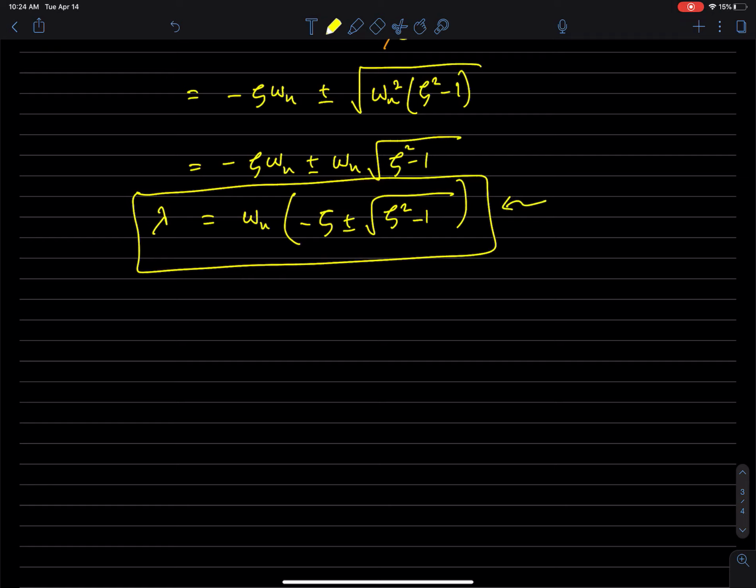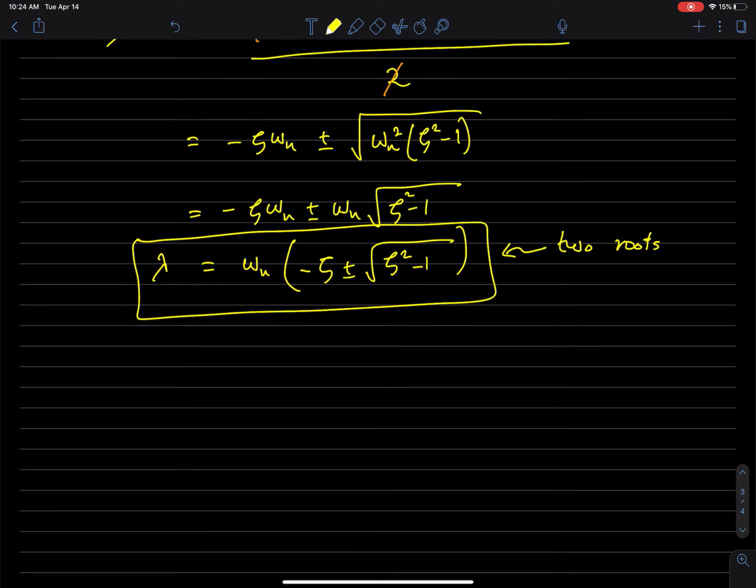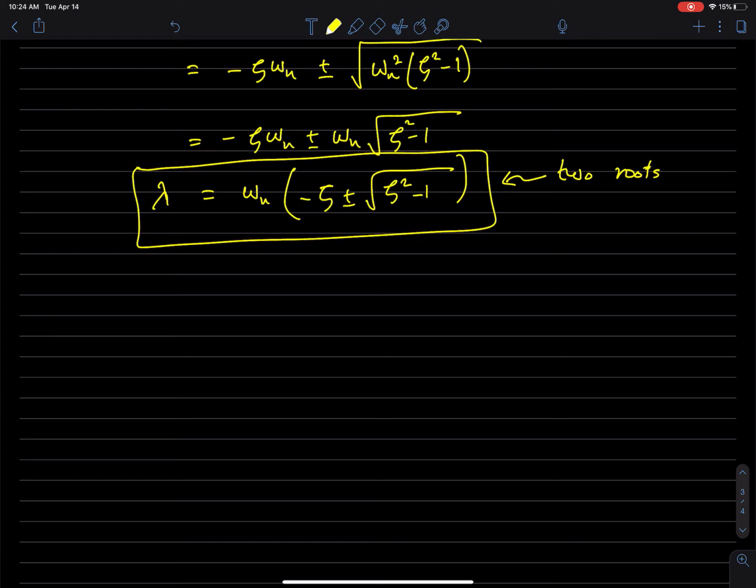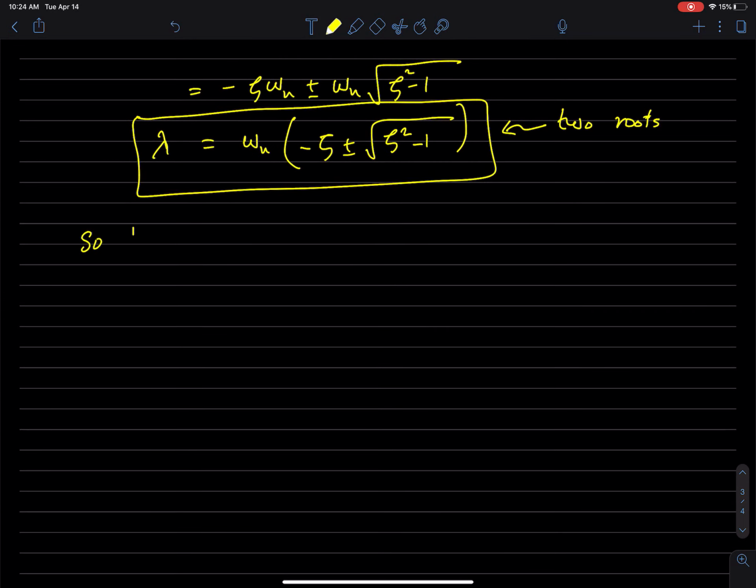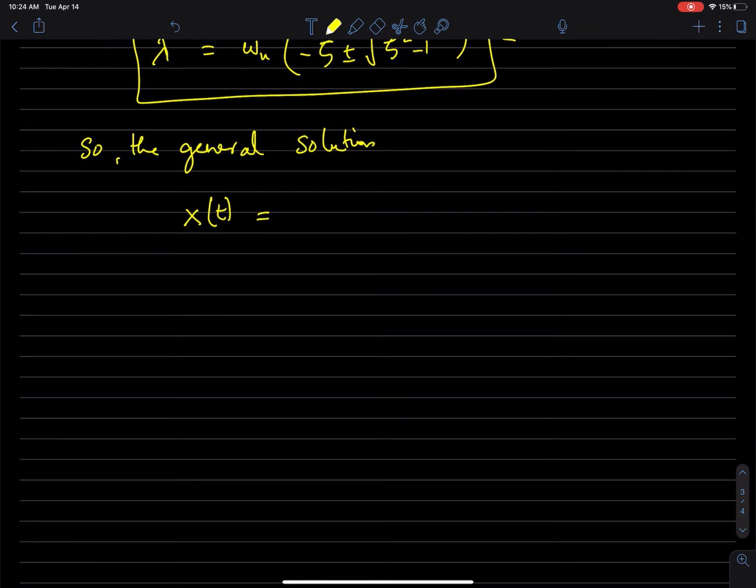Okay, there are two roots, and so the solution is x of t equals a1 e power lambda 1 t plus a2 e power lambda 2 t, okay?